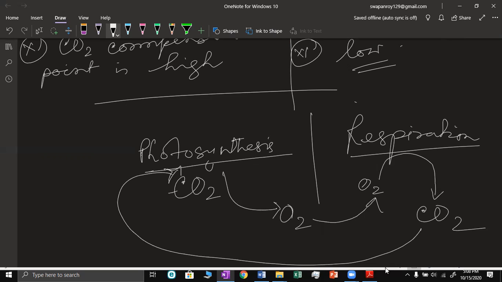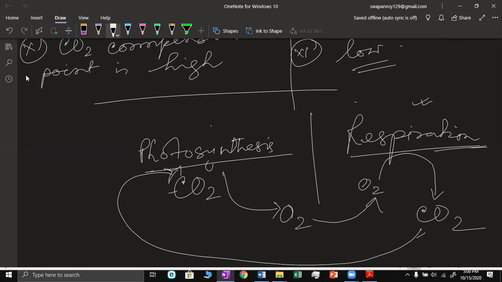So this goes on. The product of photosynthesis is the raw material for respiration, and the byproduct of respiration is the raw material for photosynthesis.